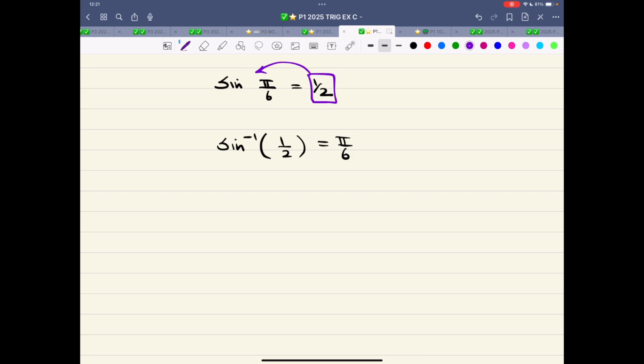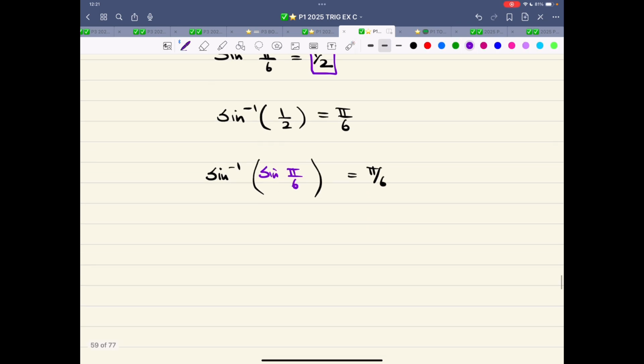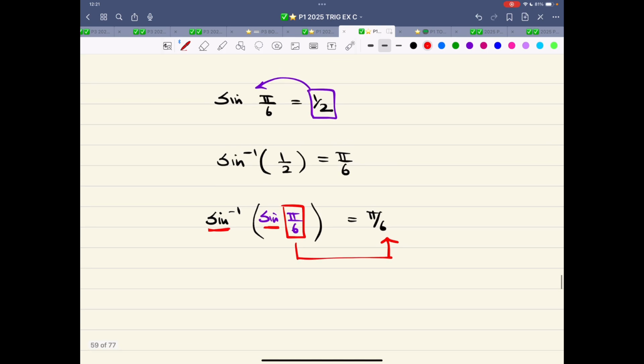Now can I write this half as sine of pi by 6? Of course I can. So therefore let me write sine inverse, and instead of half I'm writing sine of pi by 6. We know that sine of pi by 6 is half, and sine inverse of half recovers the pi by 6. Basically, this number is coming outside when this is sine inverse and sine. The same can be said the other manner.